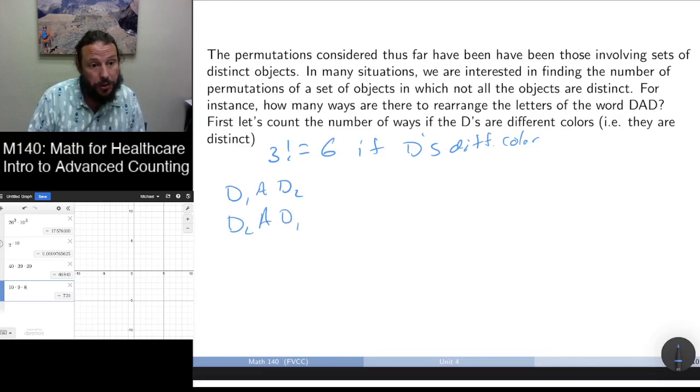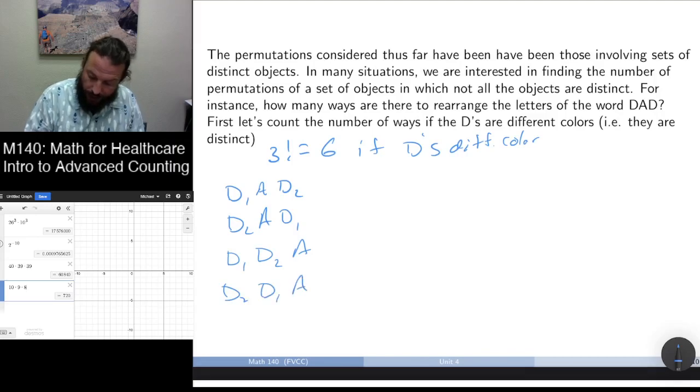That's another arrangement. We have D1, D2, and A. We have D2, D1, and A. Let's see, what else do we have? A, D1, D2, and A, D2, D1.